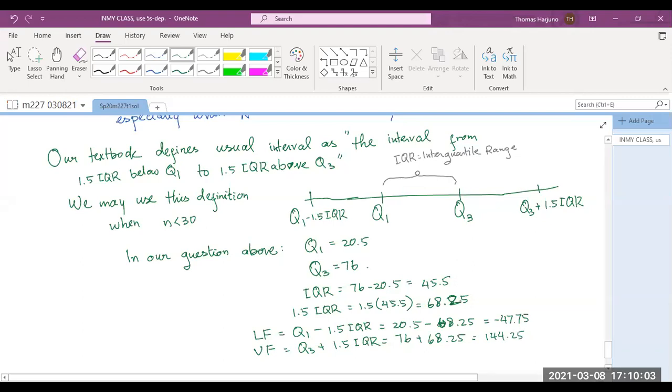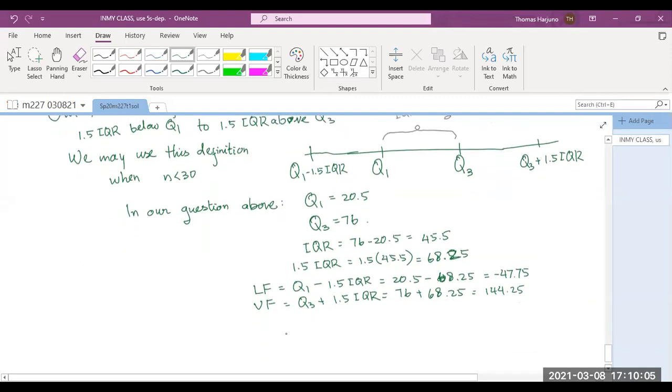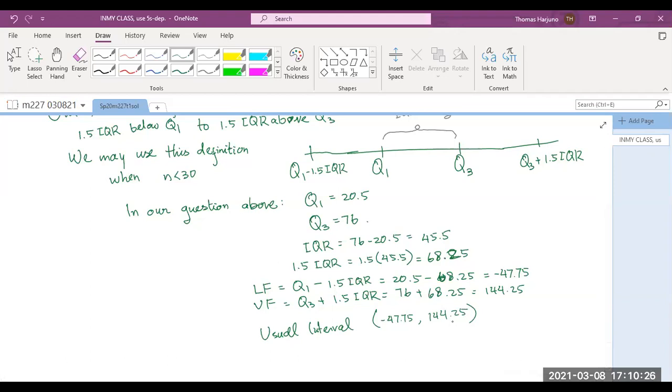So the usual interval according to this definition is negative 47 something to 144 something. Okay, now the thing is, this method is actually not really appropriate to apply to our data, especially because our data size, the population size, is already more than 30.